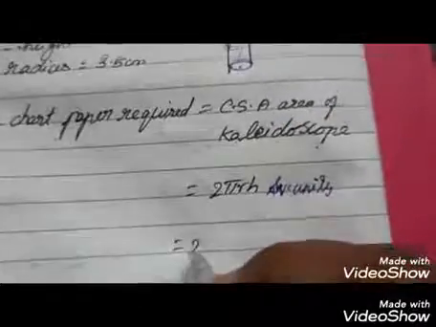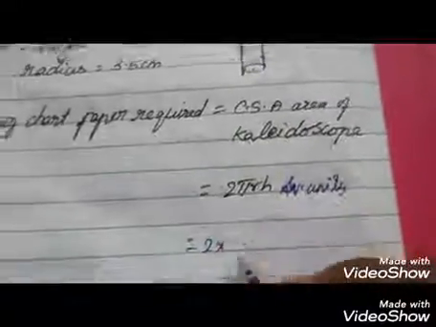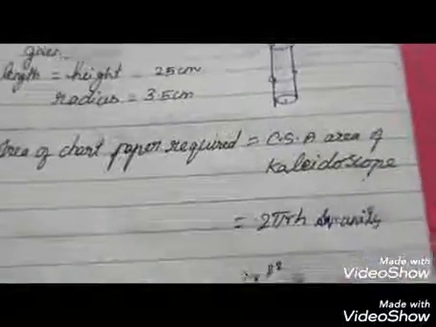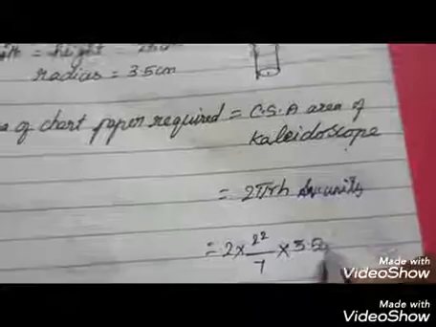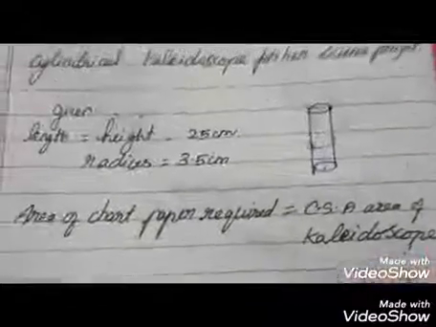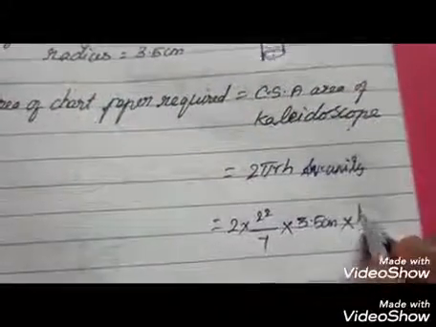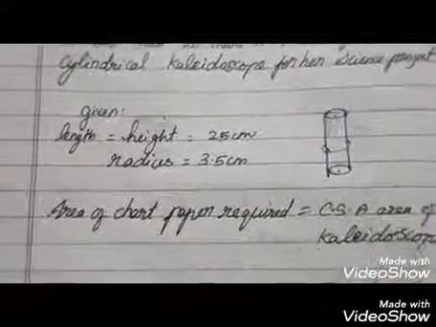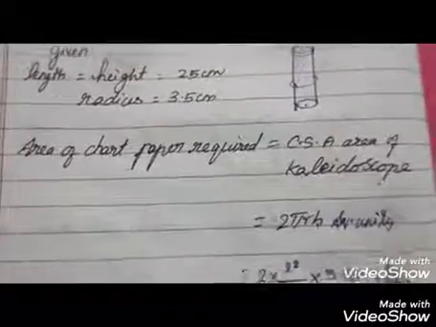Now we need to apply the values. 2 into pi, the value is 22 by 7, into r, r is 3.5 centimeter, into h. h is 25 centimeter.